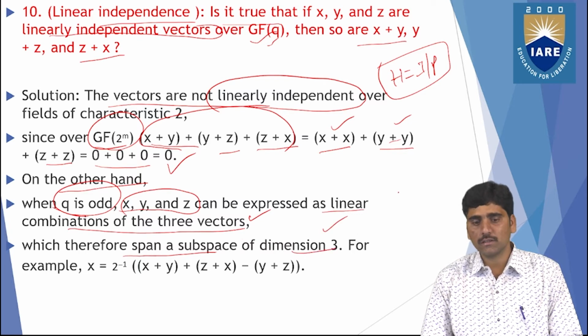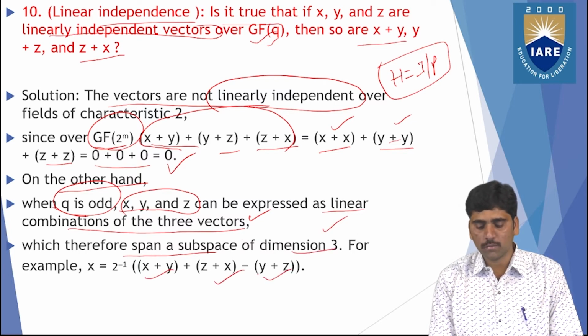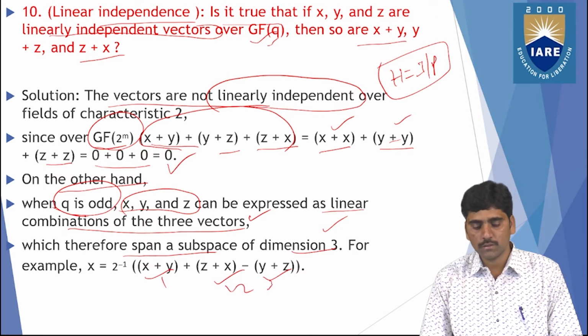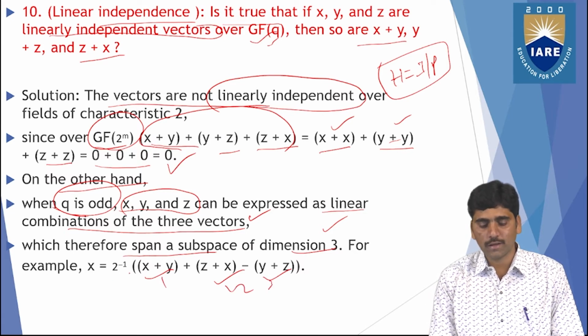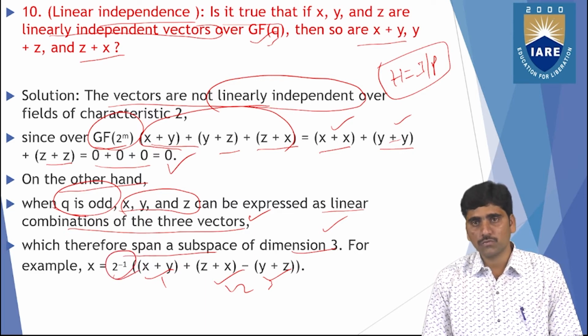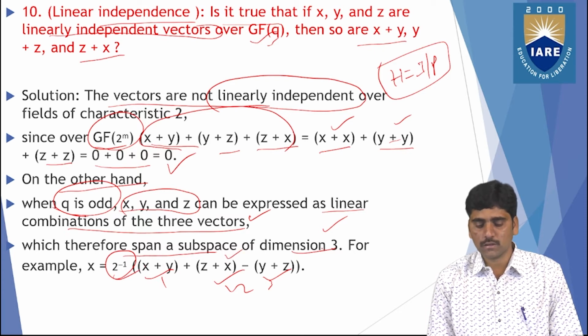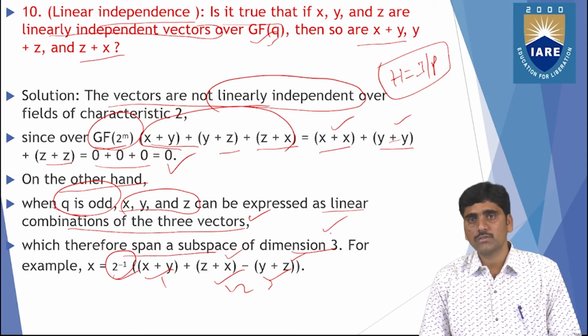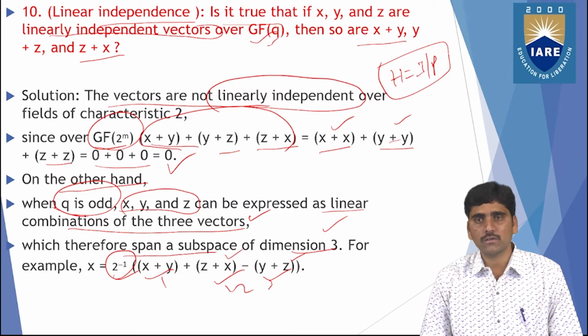Dimension 3 is nothing but these three dimensions: 1, 2, 3. We'll take an example like x equals 2 inverse of x plus y plus z plus x minus y plus z. So they are not linearly independent, so each and every subspace is not dependent either.